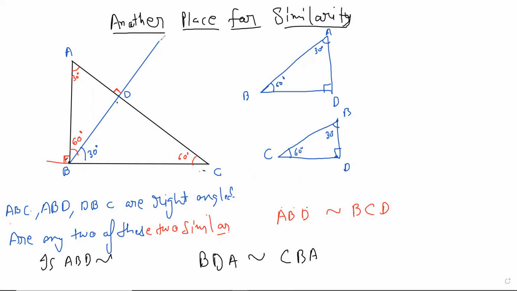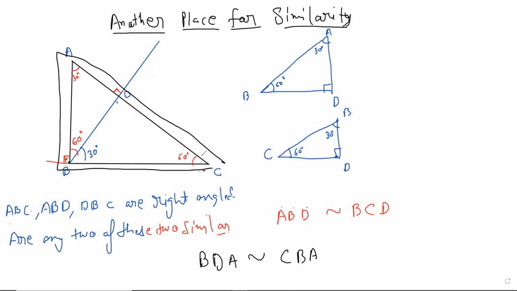Right. This is another one. So this is again a very interesting situation, right? The bigger triangle, as you can see, CBA. C is 60, B is 90, and A is 30.